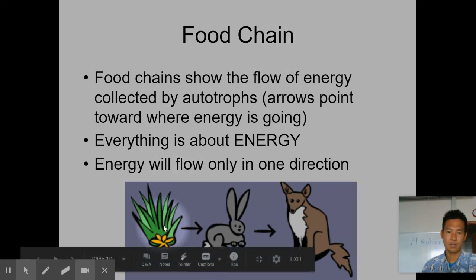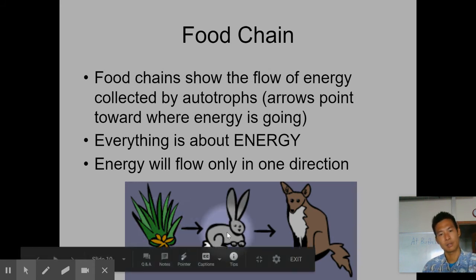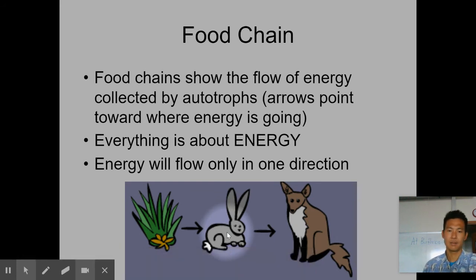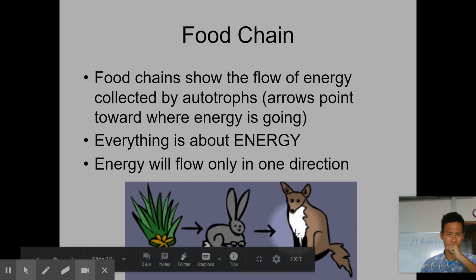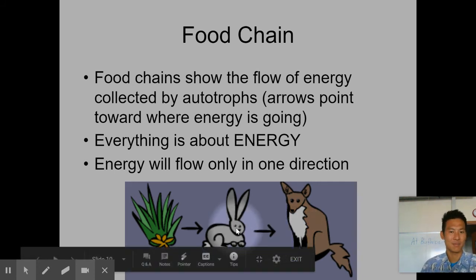The arrow points to the rabbit, so the energy from the grass goes to the rabbit. The energy from the rabbit goes to the fox. Again, it is a chain of where the energy goes, not what eats what. The grass does not eat the rabbit. The rabbit does not eat the fox.